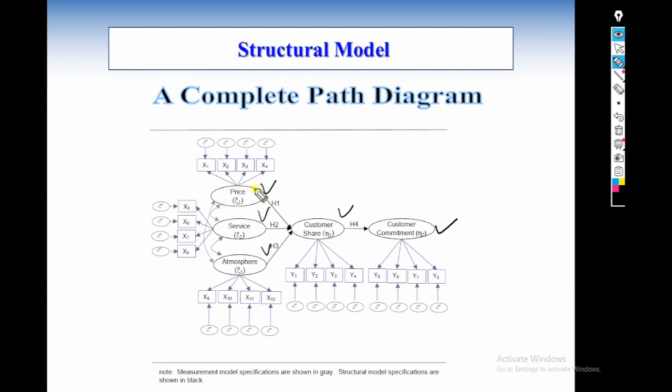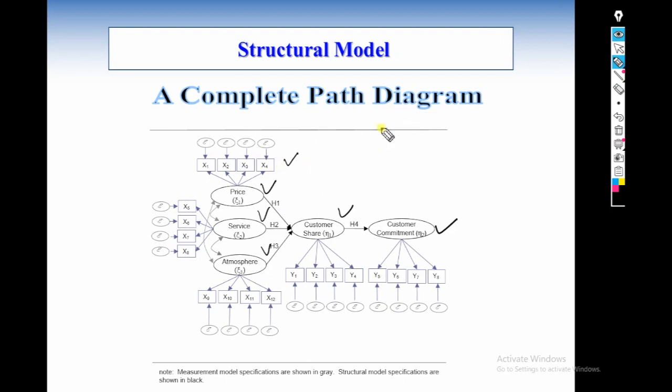So price is an exogenous variable. Exogenous variable means it is a factor, and it is a combination of four questions like x1, x2, x3, x4. Same as service, again a combination of four questions. Atmosphere, another latent variable, combines four questions. Customer share, again a combination of four questions.